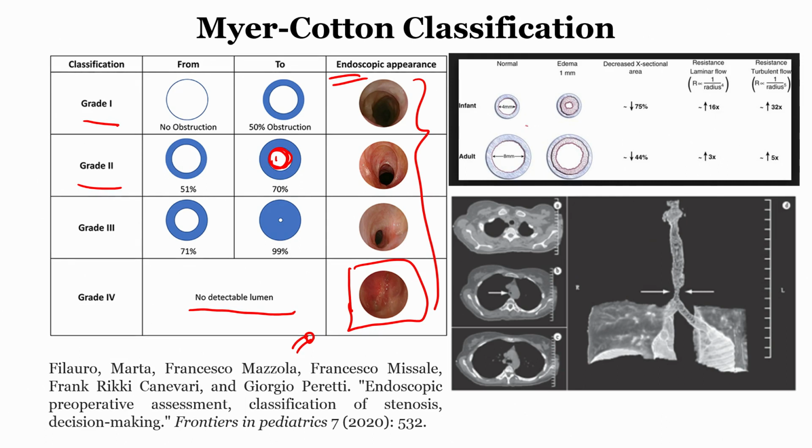I have mentioned earlier why this is more serious in the younger, that is the infants, and it is okay to handle when it comes to adults, because the first thing we discussed is that resistance is inversely proportional to R power 4. Now, when there is a 4 mm diameter, that is in children, and there is an obstruction or inflammation and it reduces, the available patency is just 3 mm.